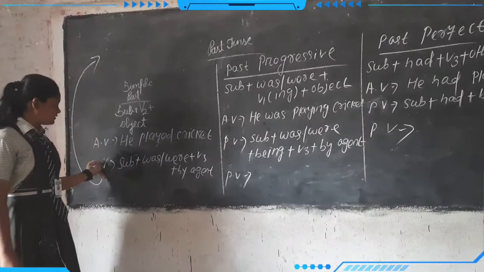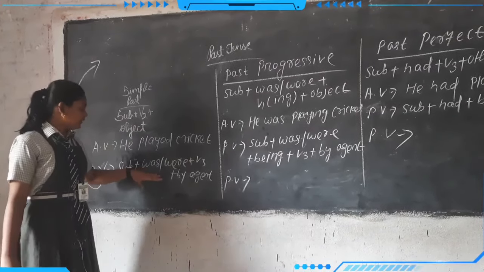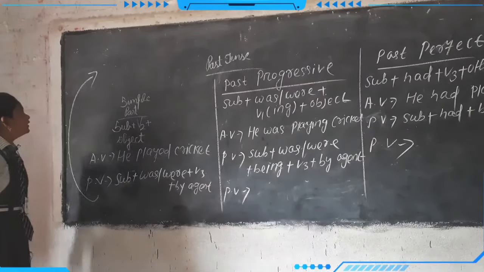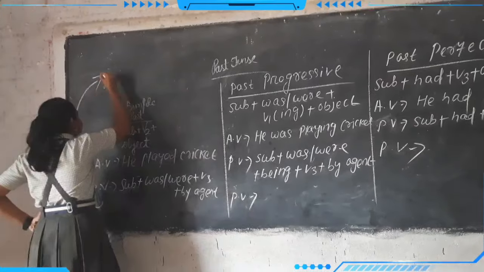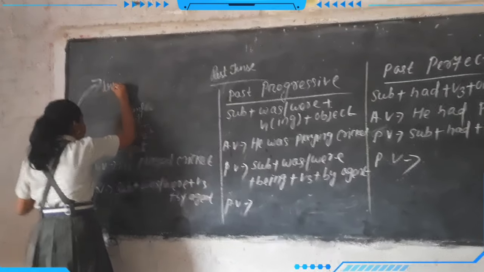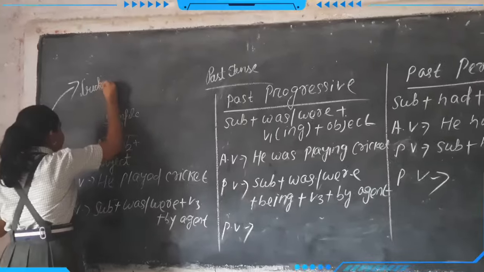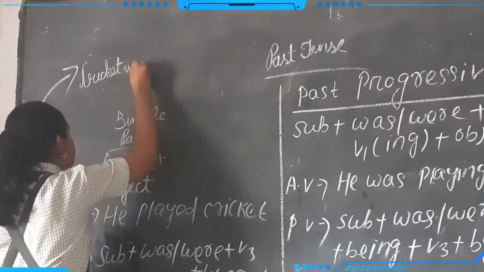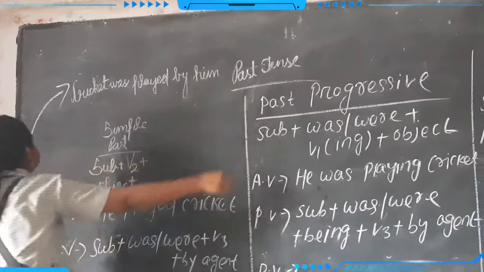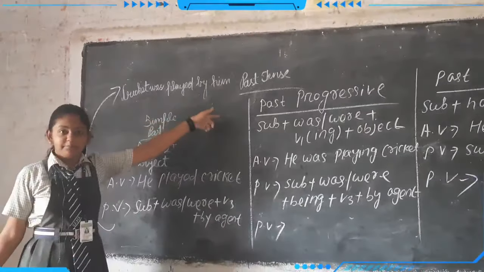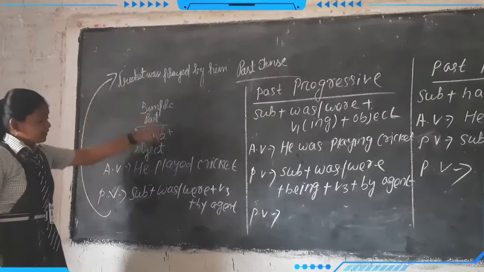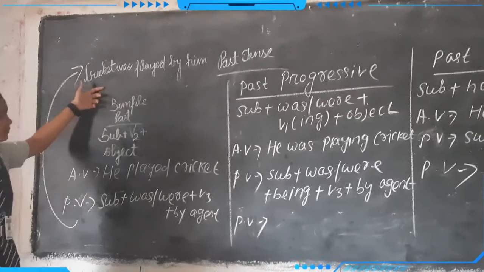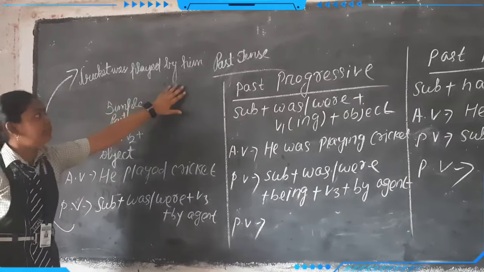In the passive voice, the structure is subject plus was or were plus verb 3 plus by agent. Cricket was played by him. Here cricket is the subject. In the active voice cricket was the object, but it becomes the subject in the passive voice.